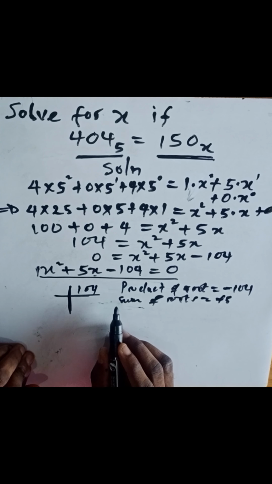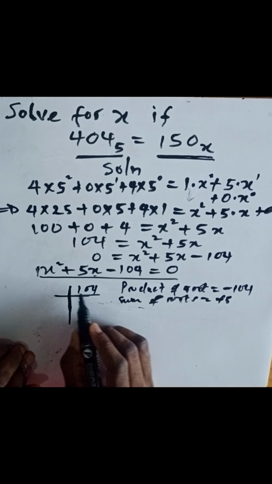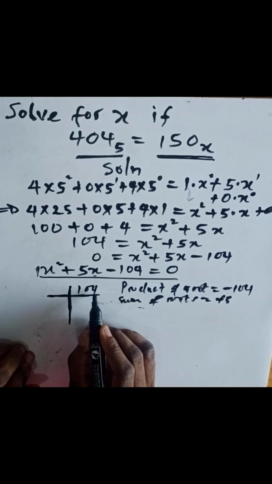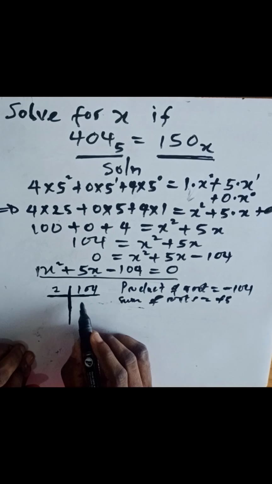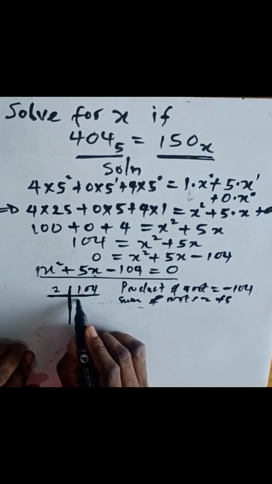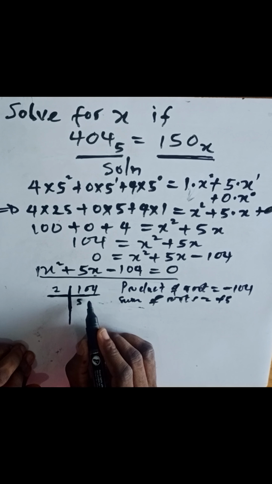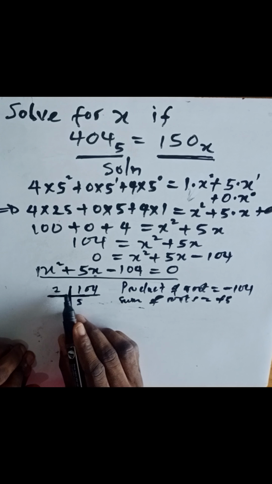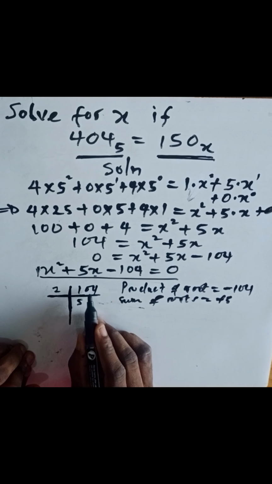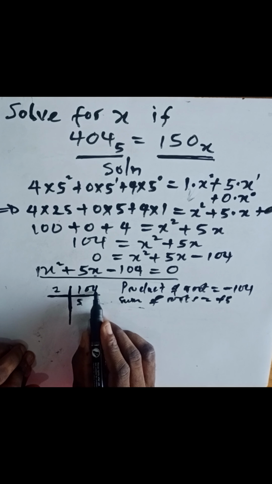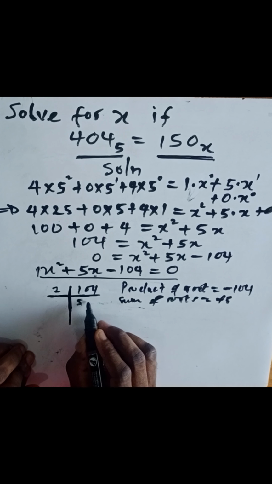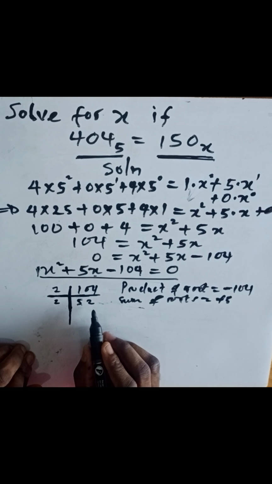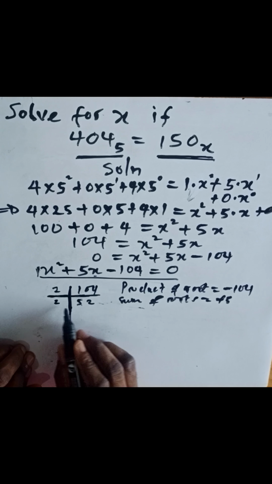Yeah. So let's say you use the long division method to get the factors here. 2 will definitely go here, right? That will be 5. And 10, how many 2s are we going to get in 10? That's 5. Now 4 divided by 2, that will be 2.